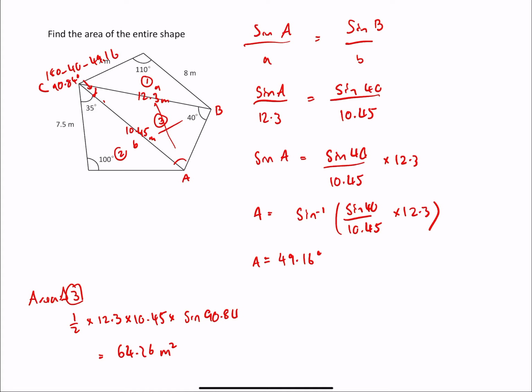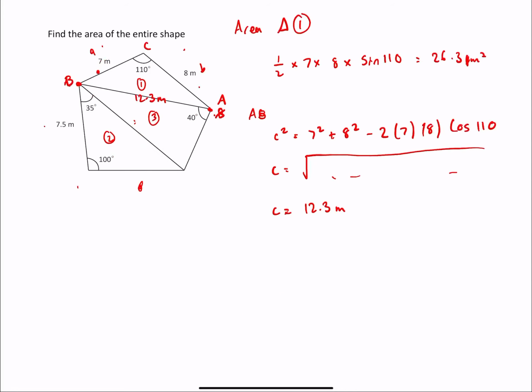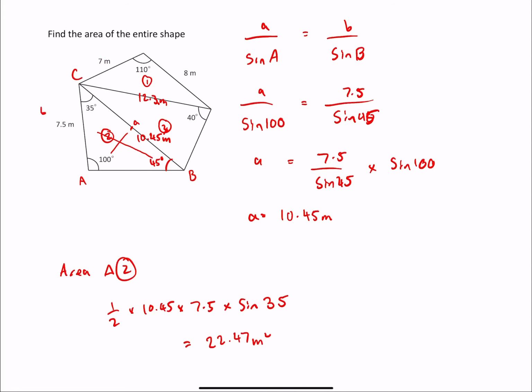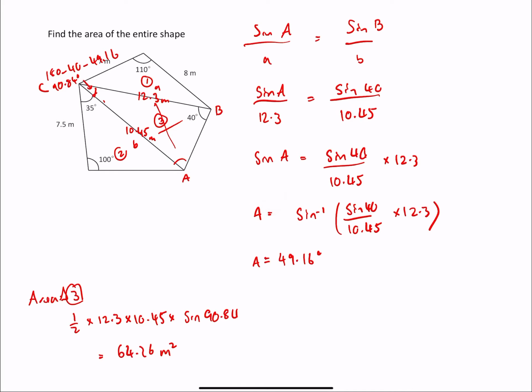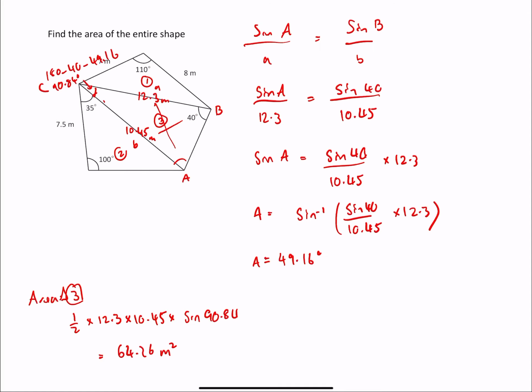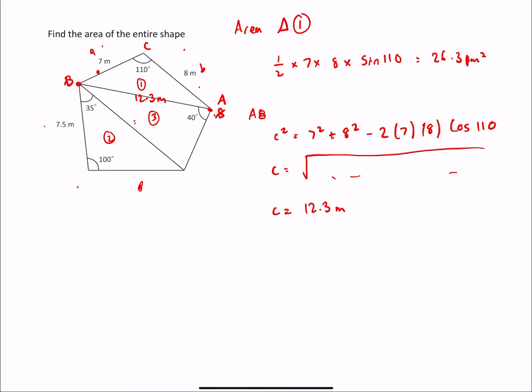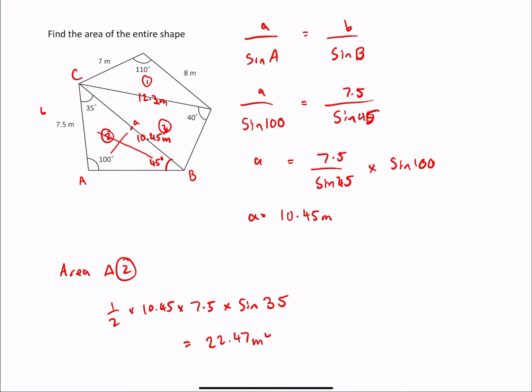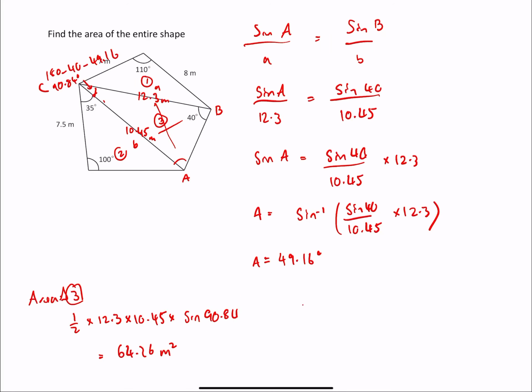To find the area of the entire shape, I just need to add the previous 3 areas together. So that is 26.3, 22.47, and 64.26. I can't remember those off the top of my head. There we go. 26.3, 22.47, plus 64.26.